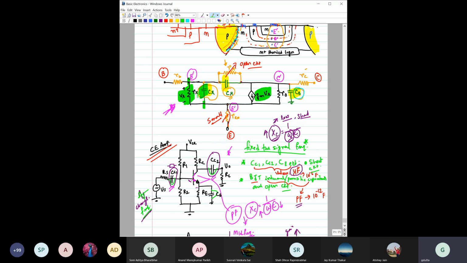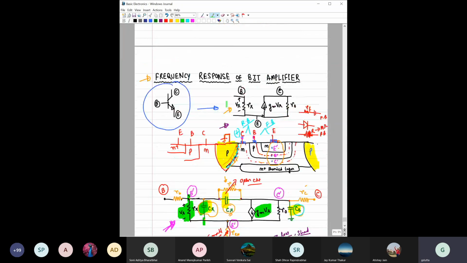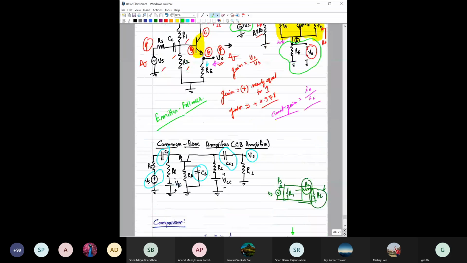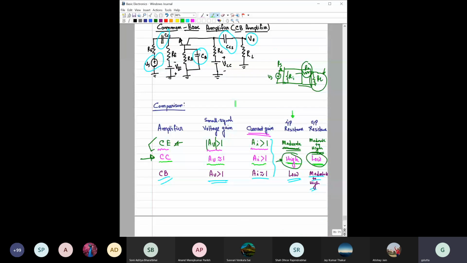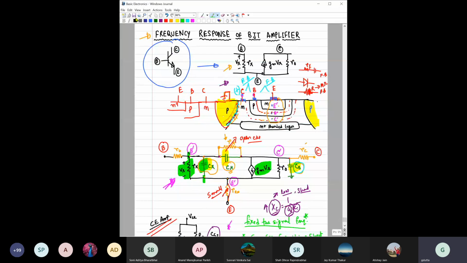But one easy way to understand it is that V pi will fall with increasing frequency. So no doubt, right? Then with this we have finished the frequency response of the BJT amplifier part.